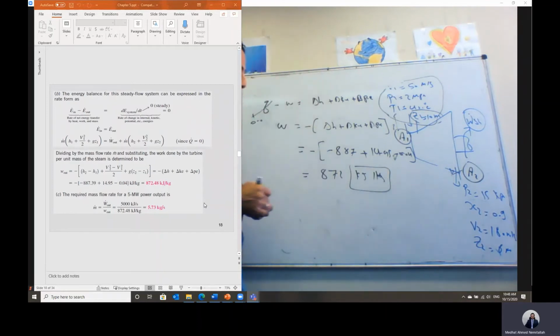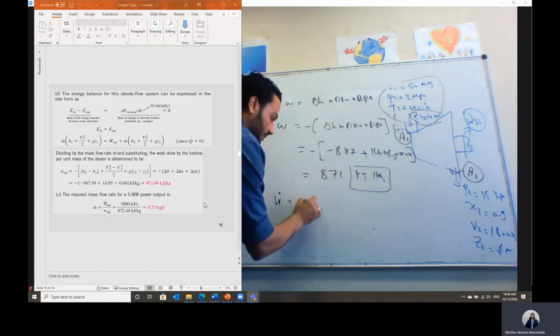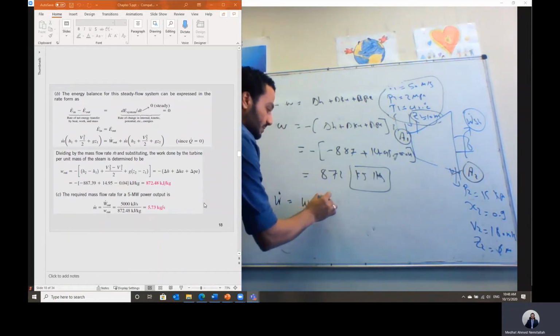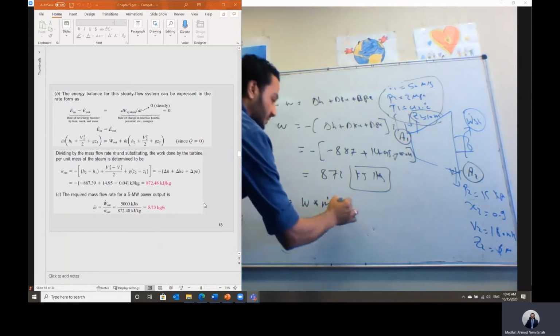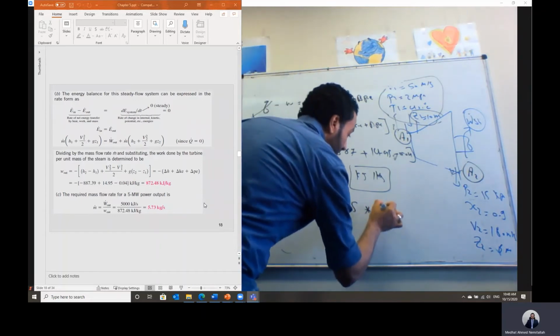Okay. So in this case, he asked also to calculate the mass flow rate. We have defined the rate of work or the power equal to the specific work multiplied by mass flow rate, or the specific work is equal to the power divided by the mass flow rate. So we have in this case power equal to 5 megawatt.